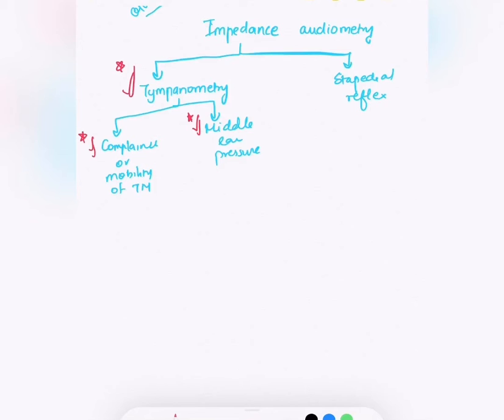Now we know that here this is our pinna, this is the external auditory canal, the tympanic membrane and the middle ear. Here we have the eustachian tube which connects the middle ear with the nasopharynx. Fine, so what happens is whenever you breathe, when you inhale air through your nostrils, the air ventilates the middle ear and the pressure in the middle ear and in the external auditory canal is equal to atmospheric pressure.